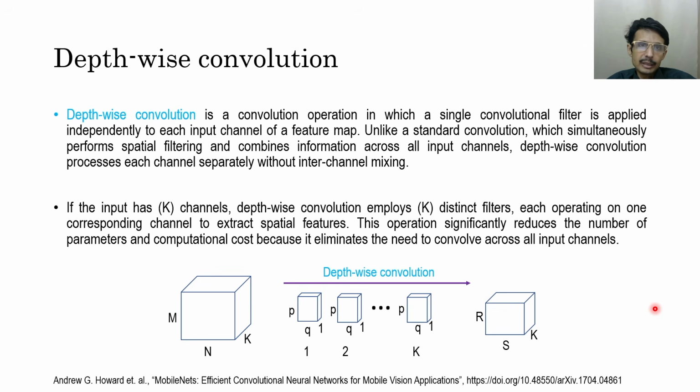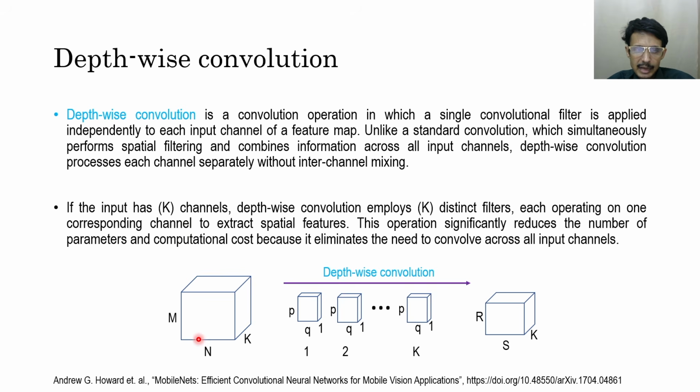Now, let's discuss what depthwise convolution is. Depthwise convolution is a convolution operation in which a single convolution filter is applied independently to each channel of a feature map. Unlike a standard convolution, which simultaneously performs spatial filtering and combines information across all input channels, depthwise convolution processes each channel separately without inter-channel mixing. Please see here.